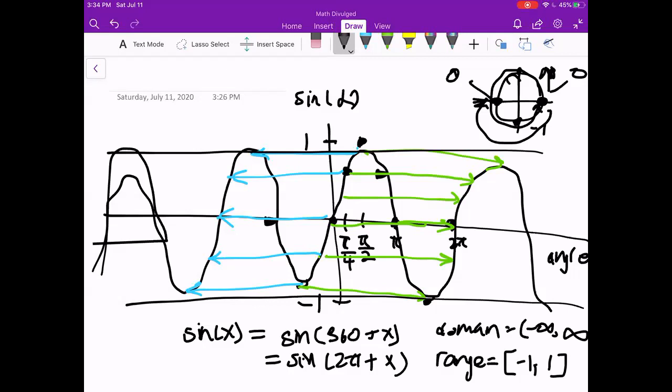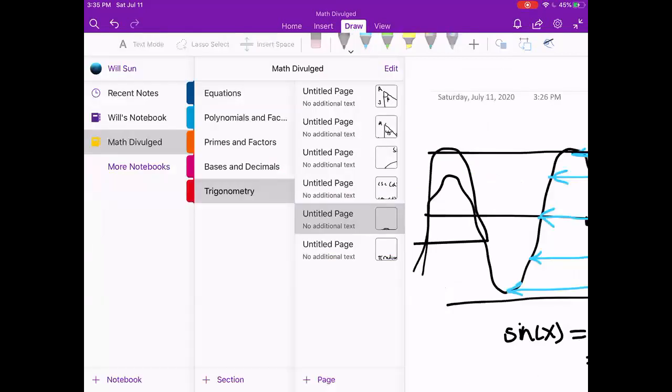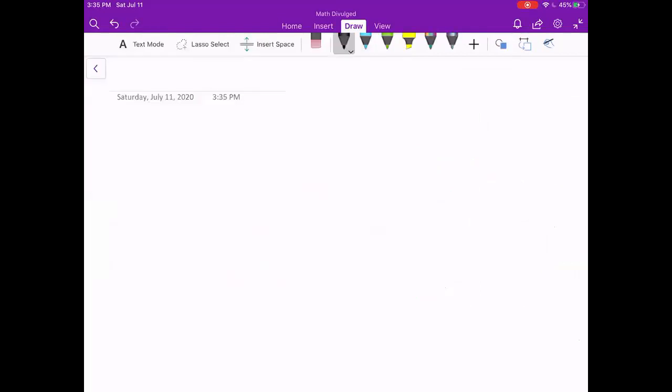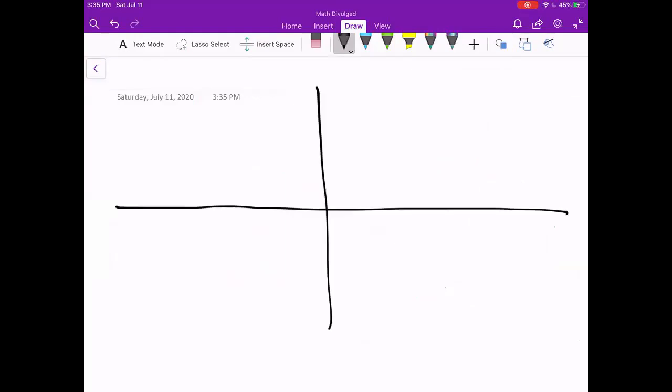Next, let's talk about the graph of cosine. So cosine is going to be a similar looking graph. If we start by plotting the points, we can see that cosine of 0 is 1. So we'll plot that here. That's 1. Cosine of pi over 2, that's 0.